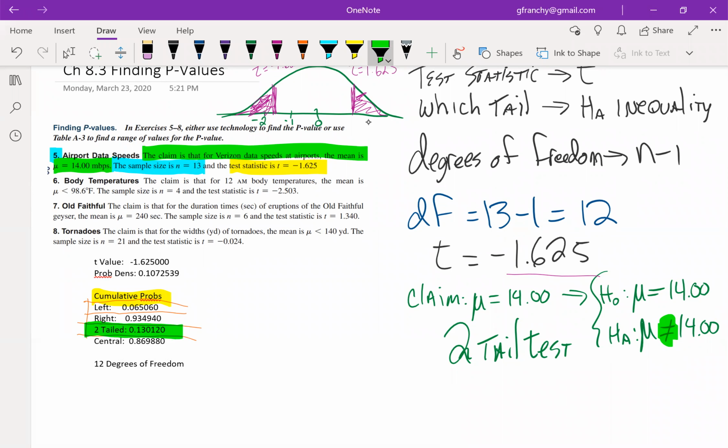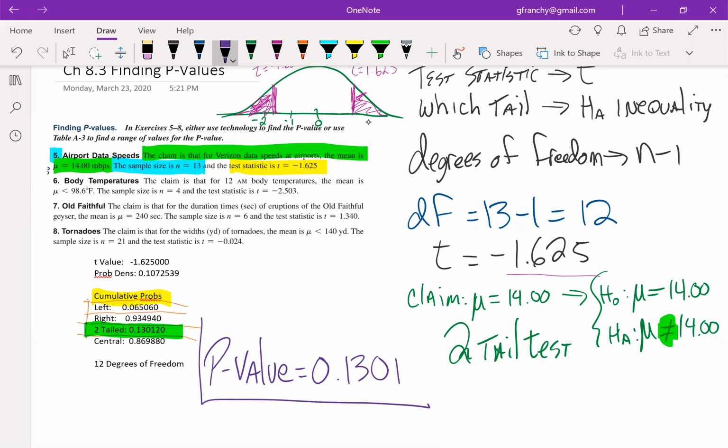We're in a two-tailed case. We want the two-tailed probability there. So our p-value here is going to be 0.1301. With the t-distribution, we can round it off comparable to the normal distribution, which has been 4 decimal places.